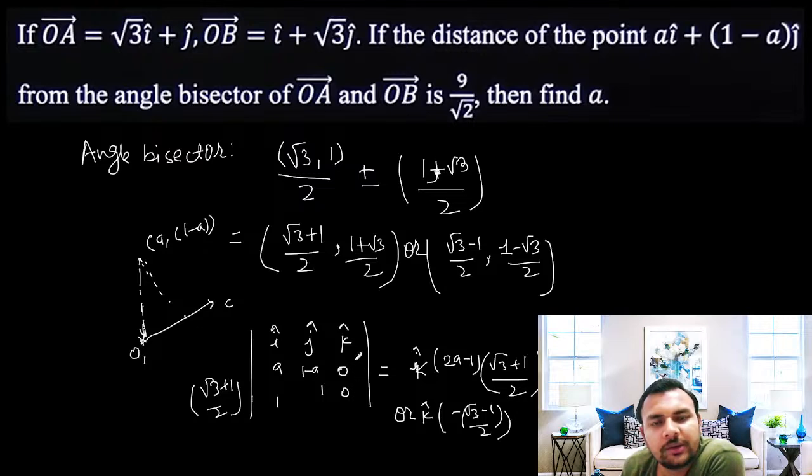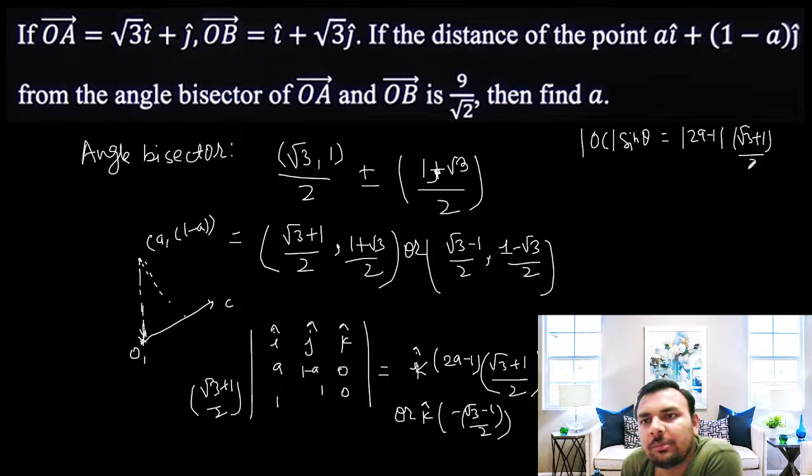Okay. So what will happen? OC sine theta is what we are looking for. So OC sine theta is what we got. We'll take the mod of this, which is 2a minus 1. This is independent of a, so we cannot find a. So it is better to proceed with this one. So this is root 3 plus 1 by 2, and the modulus of this is root 3 plus 1 by 2 root 2.